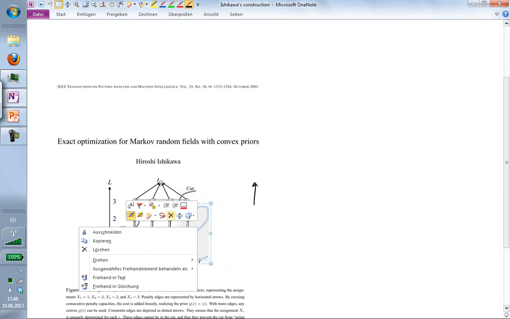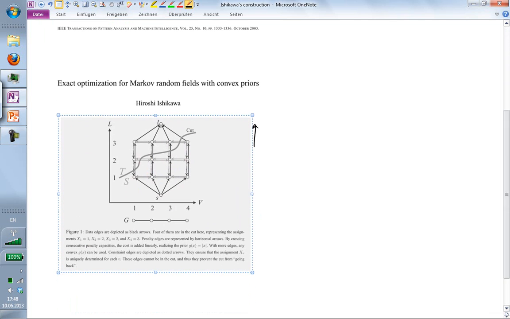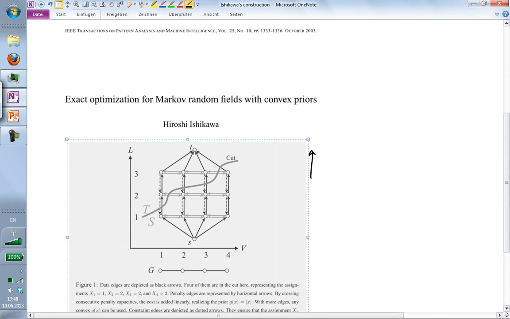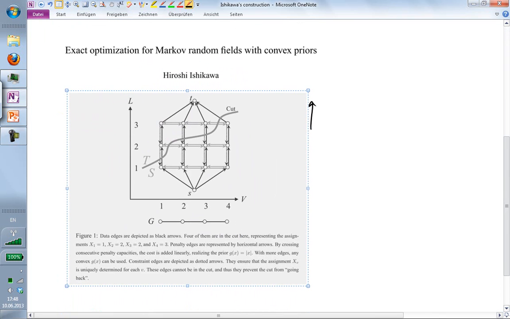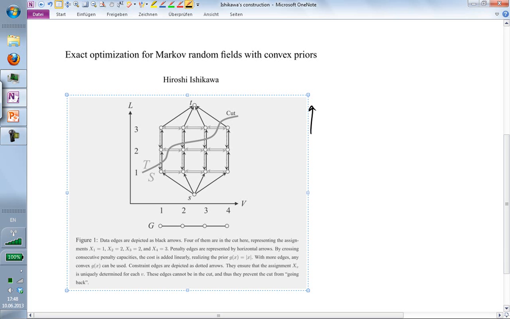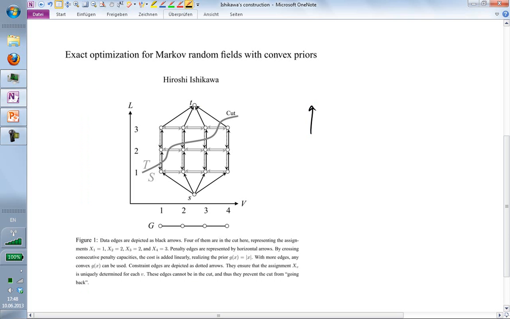And here is Ishikawa's construction, also found during his PhD. It is shown here for only 4 vertices, so this is not an image, it's just 4 pixels arranged in a line, and each pixel can have, in this sketch, 3 different labels. But really you would probably use more than 3 labels, only this is the smallest possible image that you could draw. And now he uses a special construction which has the following elements.